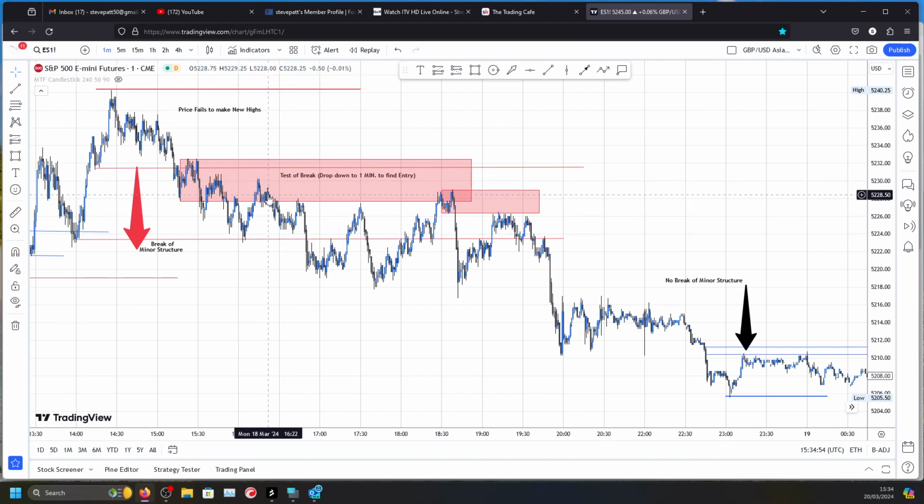If you miss those and price then comes down, look, makes a new low, and then comes back and tests this level, you could go short in here. You see, and then price comes back up here, which is breaking this high. So that might force you into exiting it at break even.